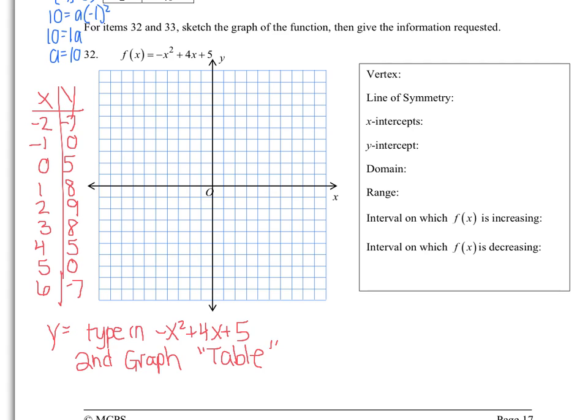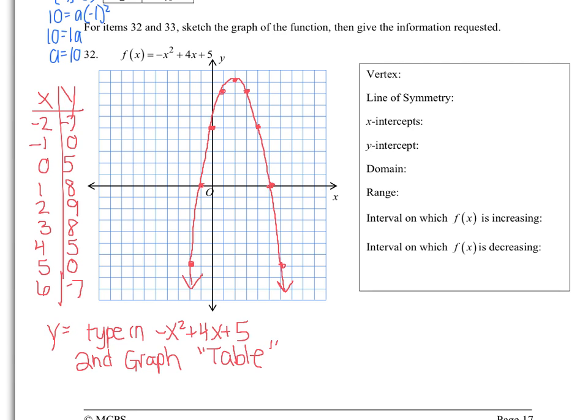So I can plot all these points: (-2, -7), (-1, 0), (0, 5), (1, 8), (2, 9), and then it's going to be symmetrical, so it's going to be (3, 8), (4, 5), (5, 0), and (6, -7).